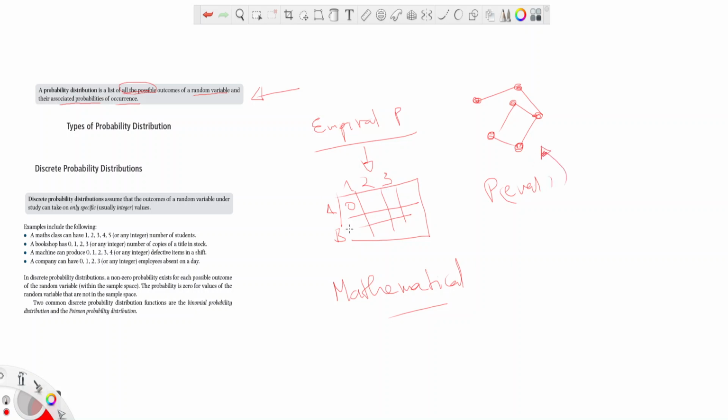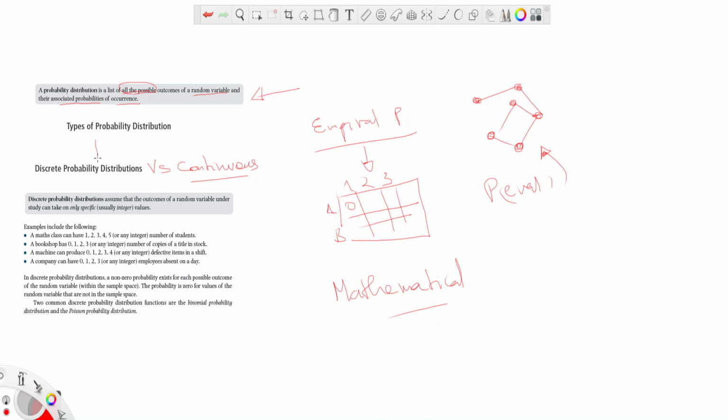But of course, because we have two major types of numerical data and probability has to do with numbers, what we'll notice is that probability will be divided into discrete probability distribution, and the next one is continuous probability, which we're going to look at next in another video.